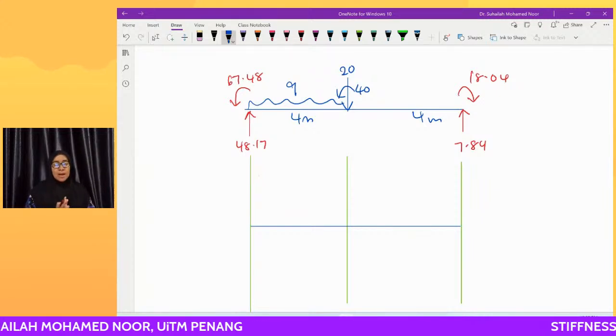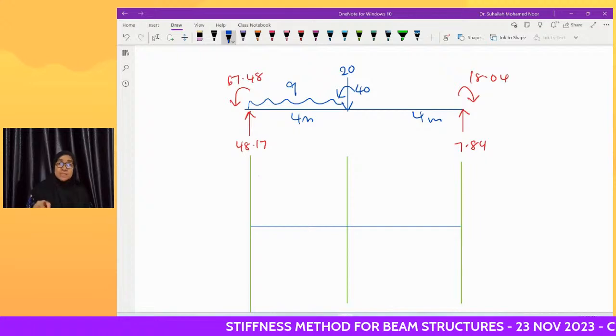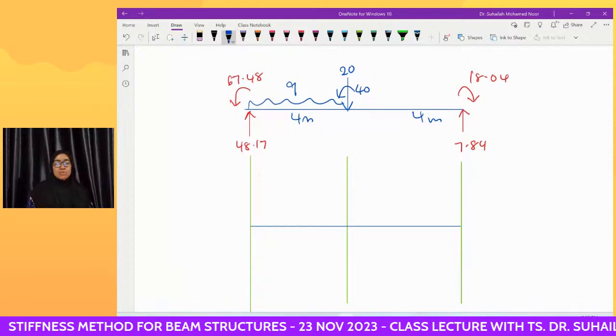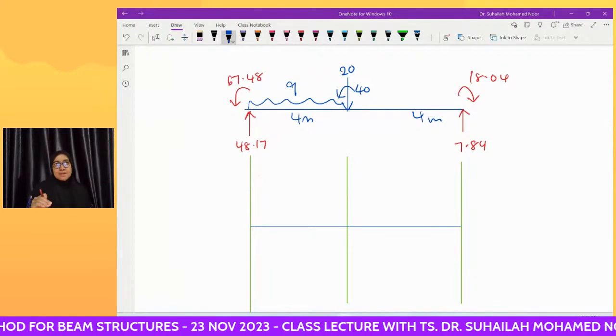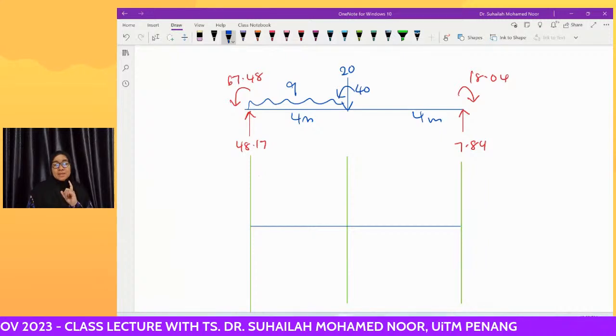Either it is a shear force diagram or bending moment diagram, we must understand that it starts from zero and ends at zero.